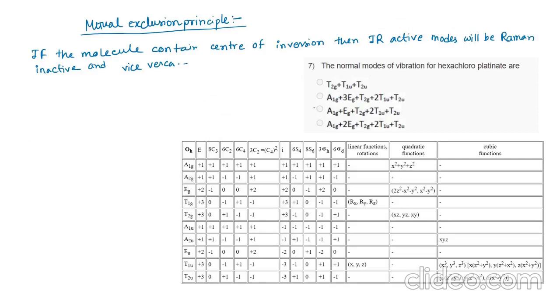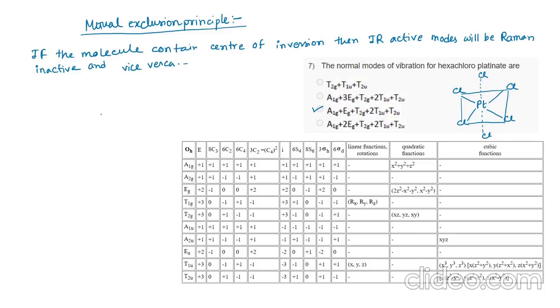If you remember, these were the modes of vibration for hexachloroplatinate. I will just draw once. How does this look? See, octahedral, Cl, Cl, Cl, Cl, Cl. They were in a plane, okay, and this was the case.